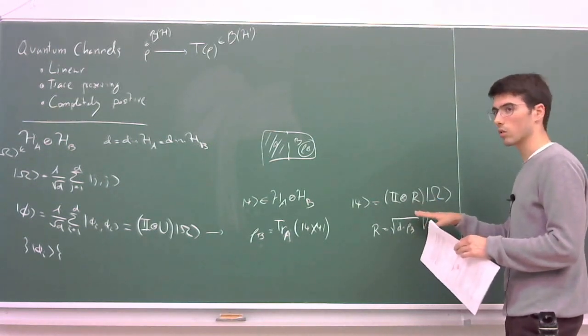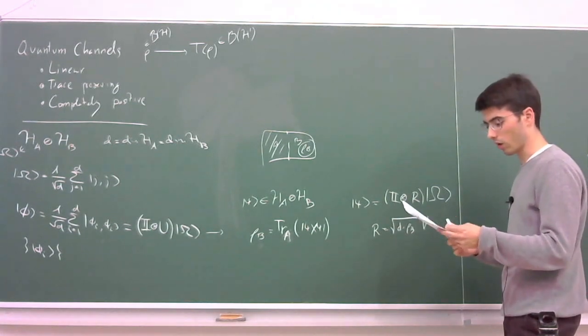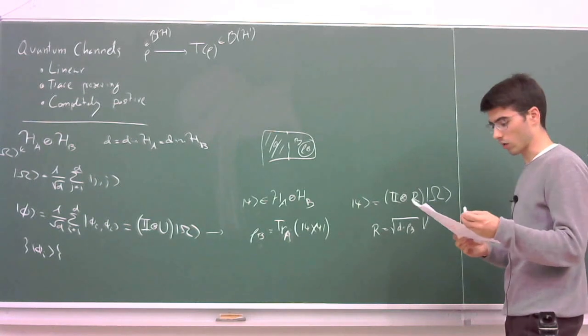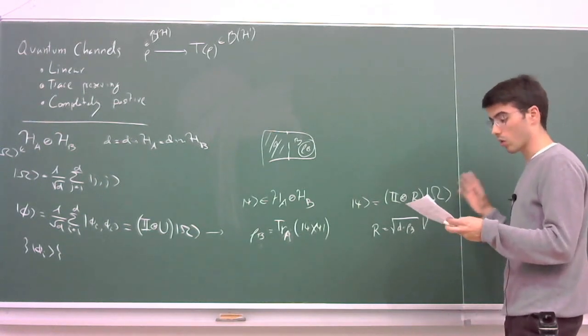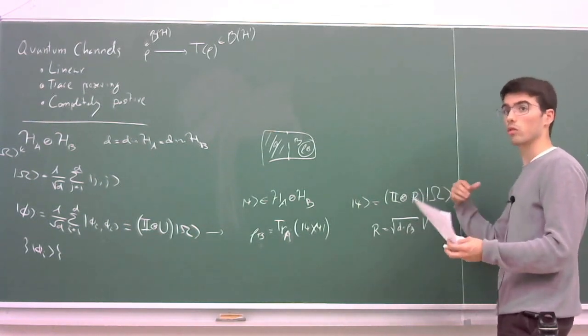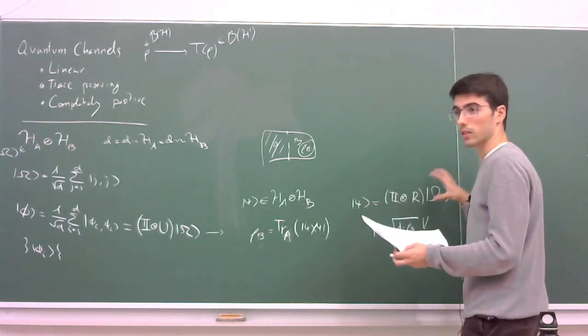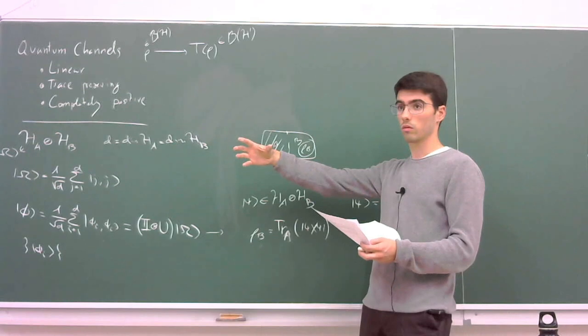But R is no longer a unitary operator, I think. It's not a unitary operator, but it has some properties that allow us to prove a relation between this maximally entangled state and complete positivity.